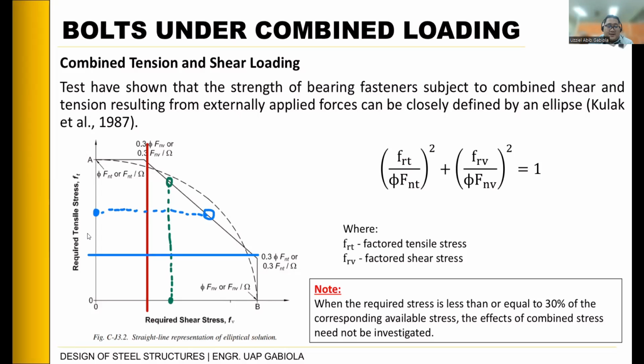Kaya nga, para ma-consider natin na may interaction yung dalawa, kung yung value ng shear load o tension load ay less than 30%, neglected natin yung interaction. Pero pag lumampas siya ng 30%, ibig sabihin may effect na, nare-reduce na yung capacity niya sa shear or sa tension. Yun yung gusto sabihin ng curve.